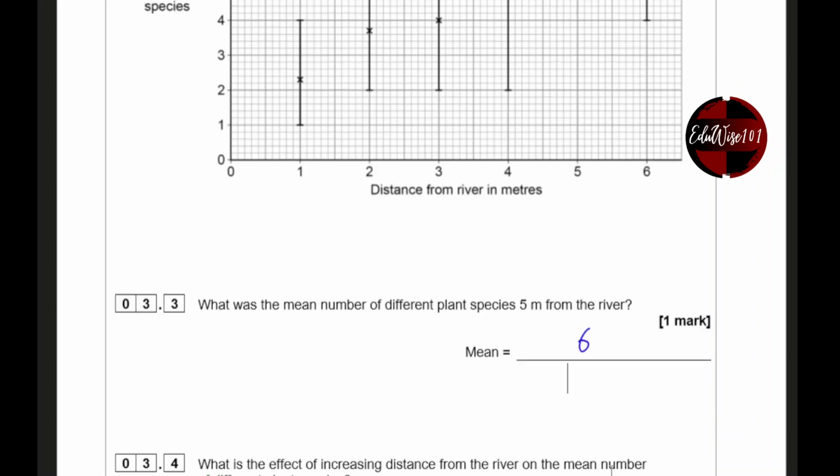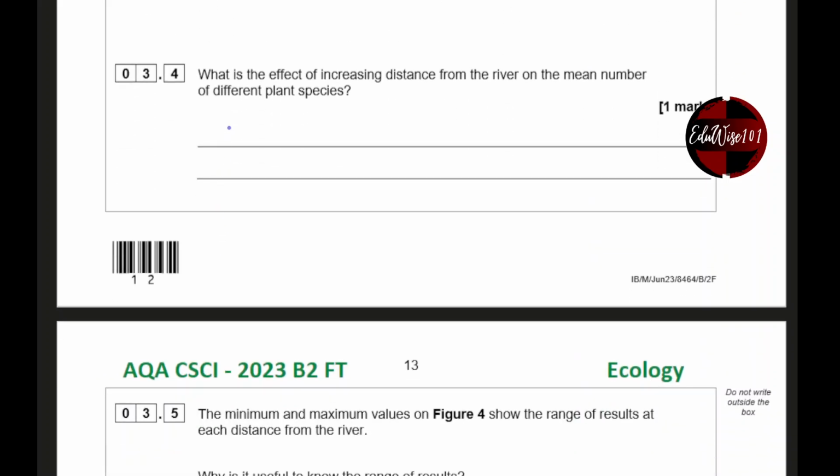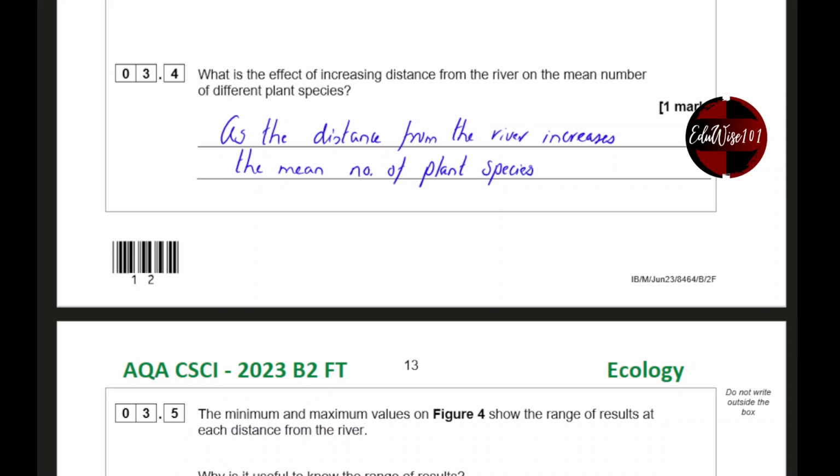So as the distance from the river increases, the mean number of plant species also increases. That's the word that they're giving the mark for, the word increases.